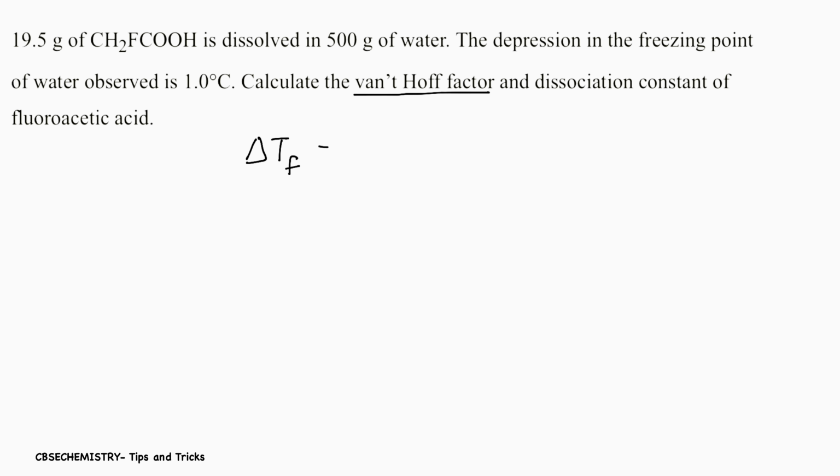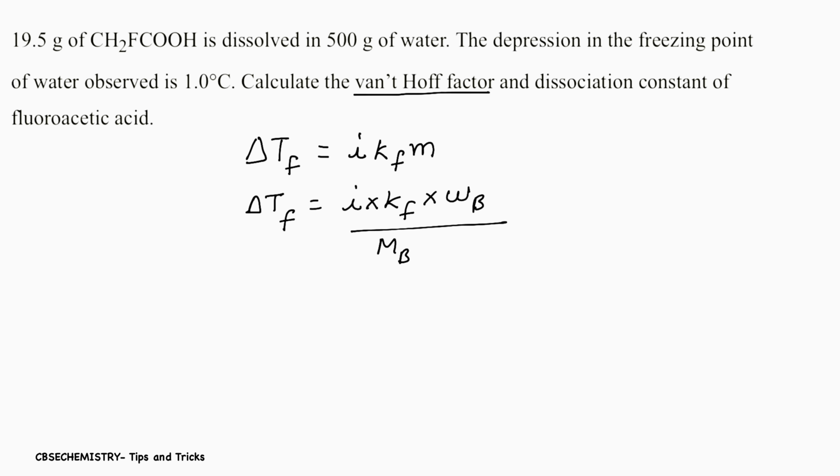So, what is the equation? Delta TF, depression in freezing point, is equal to i, which is Van't Hoff factor, into Kf m. m is molality. On expanding molality, this equation you can write like delta TF is equal to i into Kf into WB by MB into WA on numerator into 1000.